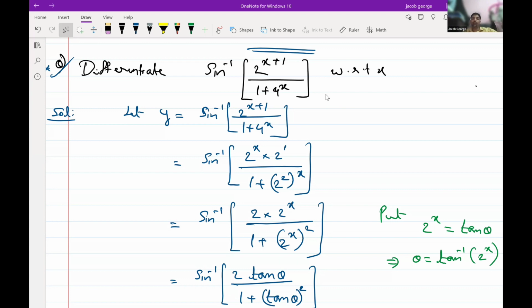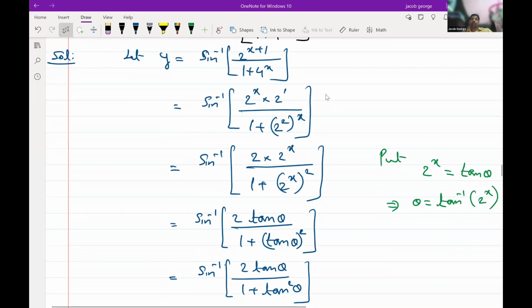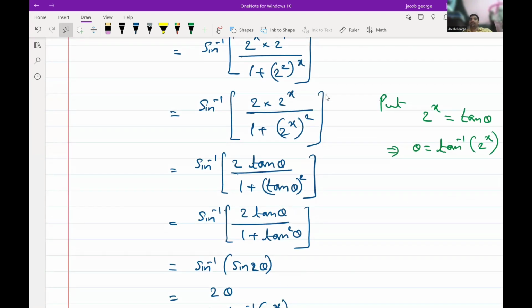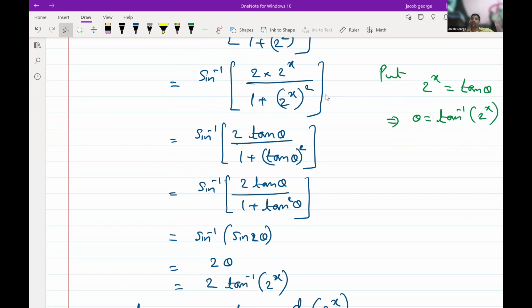Then it is of the form 2 tan theta by 1 plus tan square theta, which is sine 2 theta. So it comes like sine inverse sine 2 theta, so that is 2 theta, or 2 times tan inverse 2 raised to x.